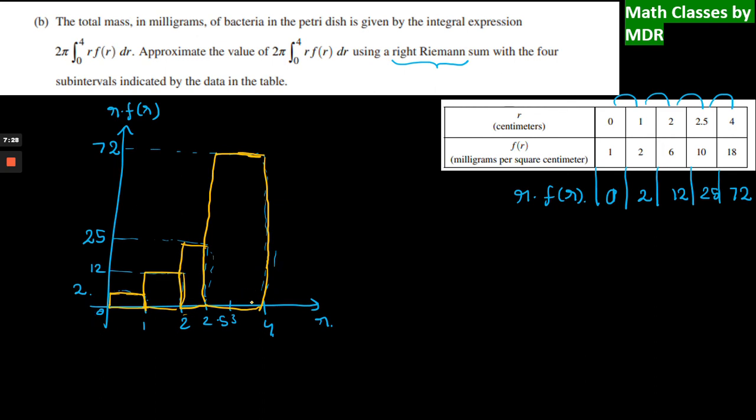Now we can write the right Riemann sum is equal to 2 pi integral from 0 to 4 of r f of r dr, which is nothing but what we have here.